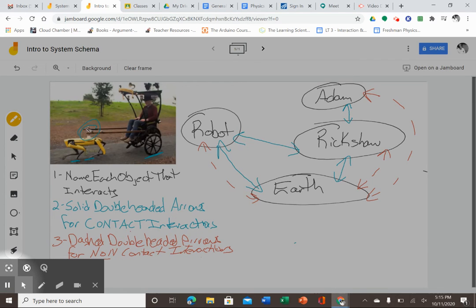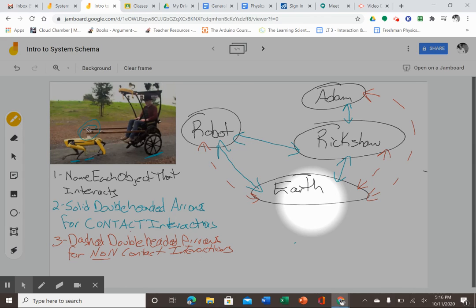The last thing that we generally do with our system schema, after we've identified everything and drawn all those interactions, is that we have all of these things that interact. We at some point need to indicate what system it is that we're actually studying. In most cases in class, the problem or the question will tell you whether you're studying Adam or the rickshaw or the robot or Earth.